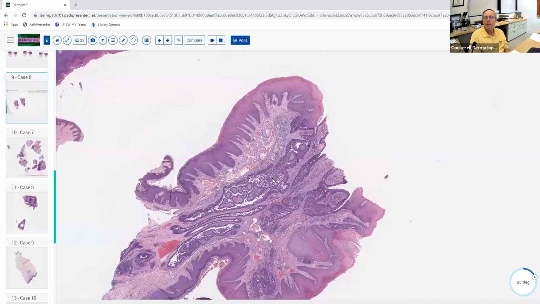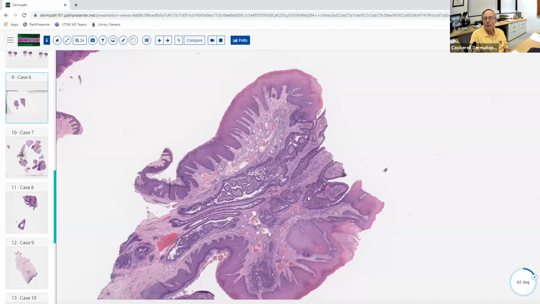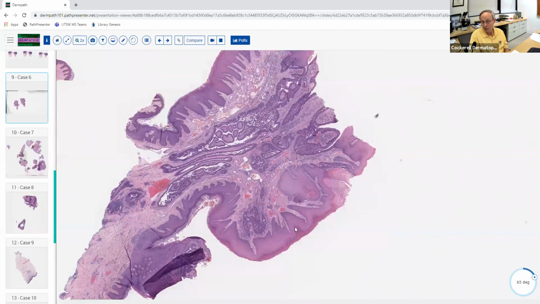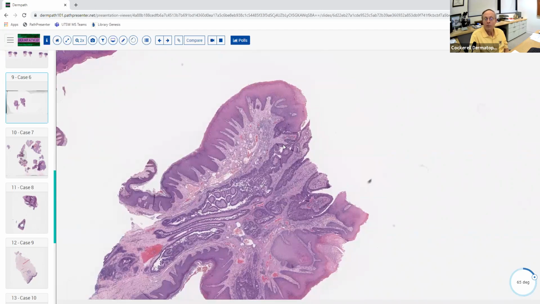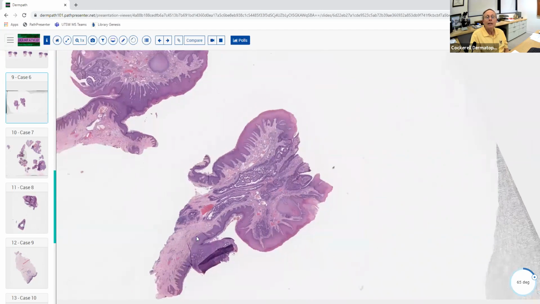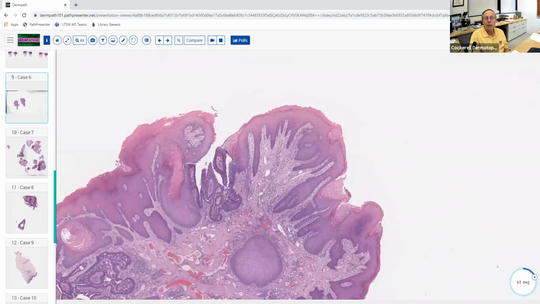It doesn't have to be there every time, but it's usually a dermal-based cystic lesion that doesn't really have a connection to the epidermis. So this one would be more consistent with a Syringocystadenoma papilliferum, and it's papilliferous because it's got this verrucous epithelial hyperplasia associated with the apocrine papillomatous component.